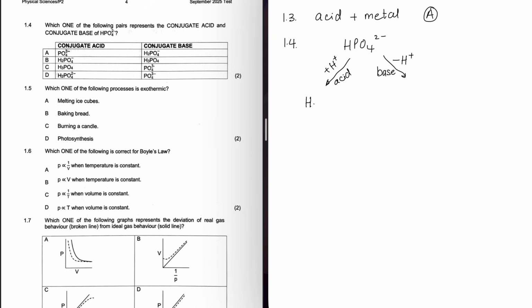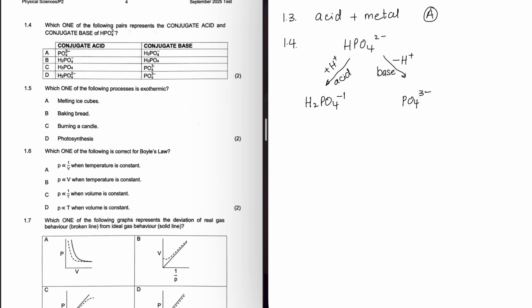so it's going to become H2PO4, and I'm going to add 1 to the charge, so it's going to be -1. And if I want to work out the base, I'm going to remove 1, so it's going to be PO4, and since I'm removing an H+, I'm going to subtract 1 from the charge, so it's going to become 3-.